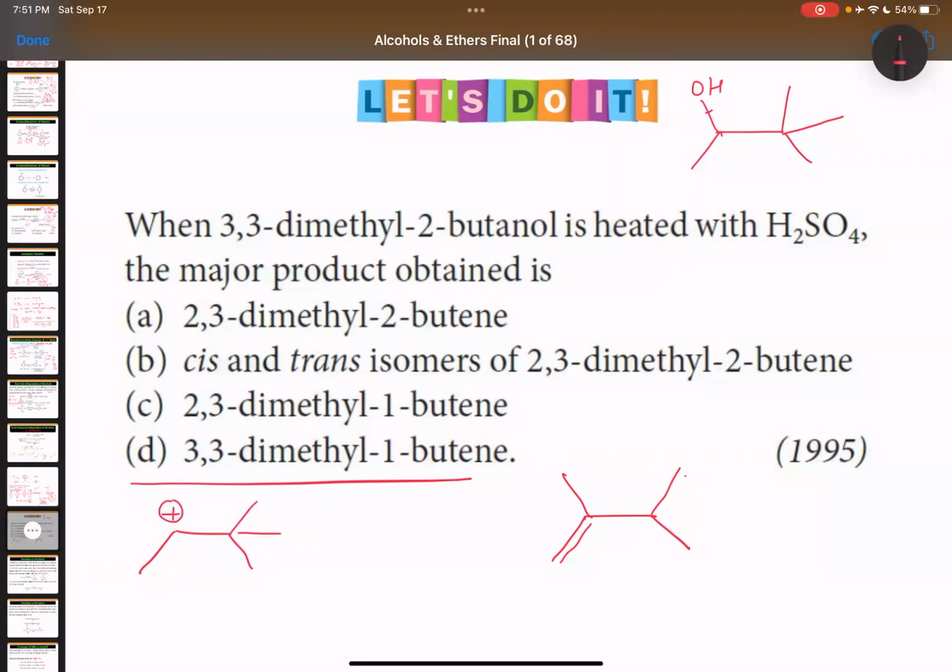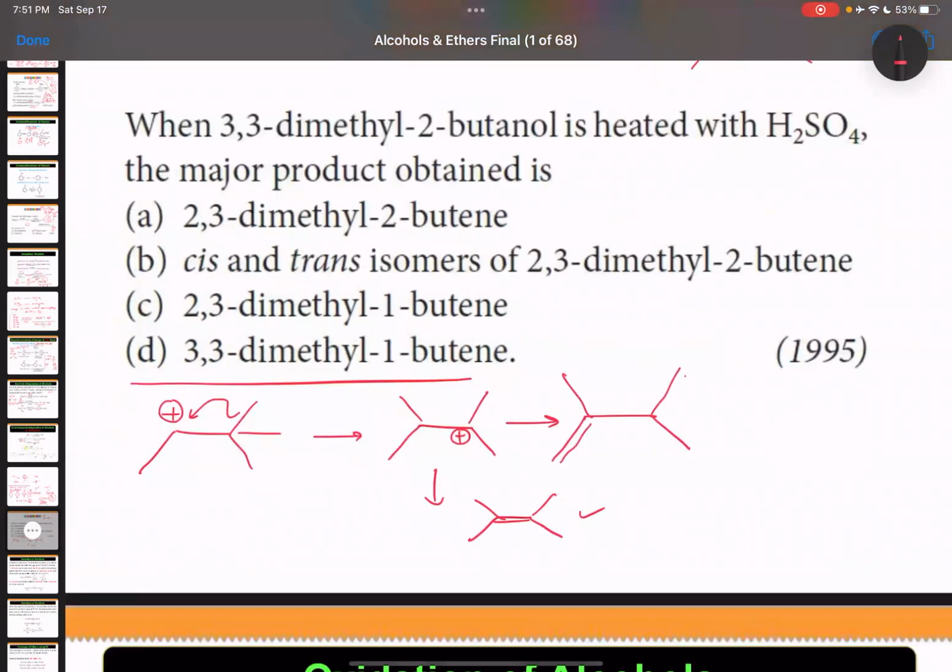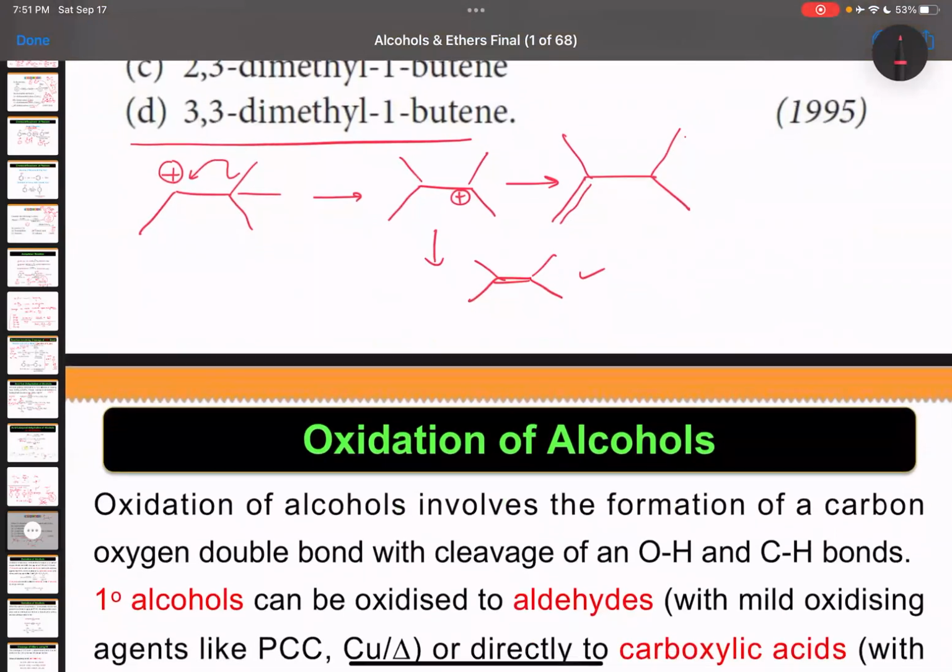This is the cation. One methyl group is going to shift onto this cation. You said the double bond on the second carbon, so it's A. So the cation comes here, and you can have a Zaitsev alkene and a Hofmann alkene, right? The more branched alkene is going to be more stable, so that is going to be the major answer.